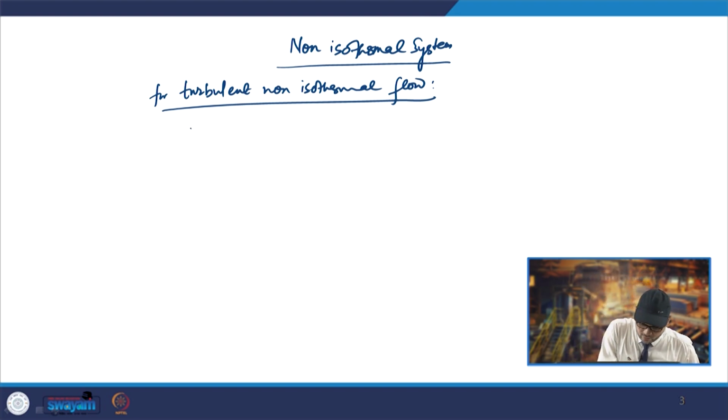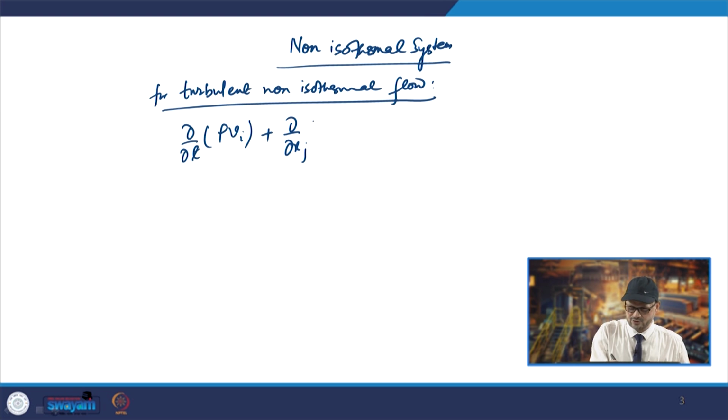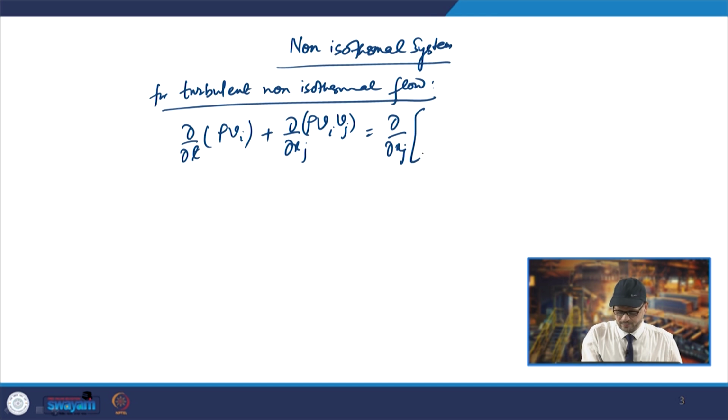It will be dou by dou t of rho Vi plus dou by dou xj of rho Vi Vj, and then that will be equal to dou by dou xj of eta effective, that is your effective viscosity coming to picture in place of molecular viscosity in case of turbulent flow, then you have dou Vi upon dou xj plus dou Vj upon dou xi.